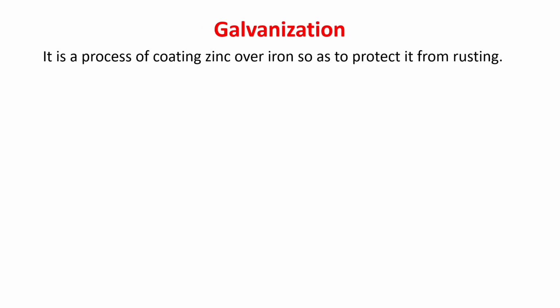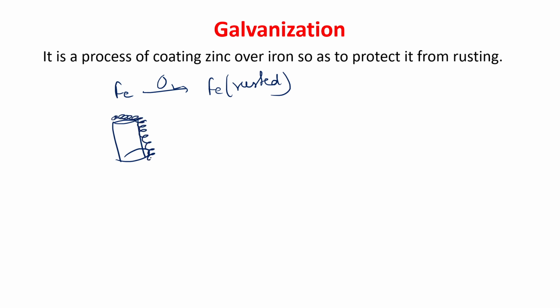Now we'll talk about the term galvanization. Galvanization is the process of coating zinc over iron so as to protect it from rusting. Since iron gets rusted over time in the presence of oxygen, what we'll do is protect this iron piece by galvanizing zinc over it, a layer of zinc over it.